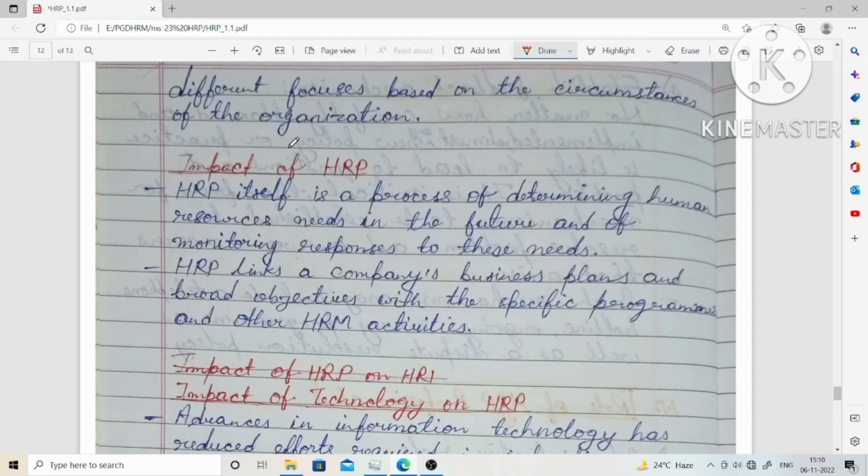So whatever the business plan the company has is going to be linked with the broad objectives of the company, and with the specific programs. So what different kinds of programs does the company have?